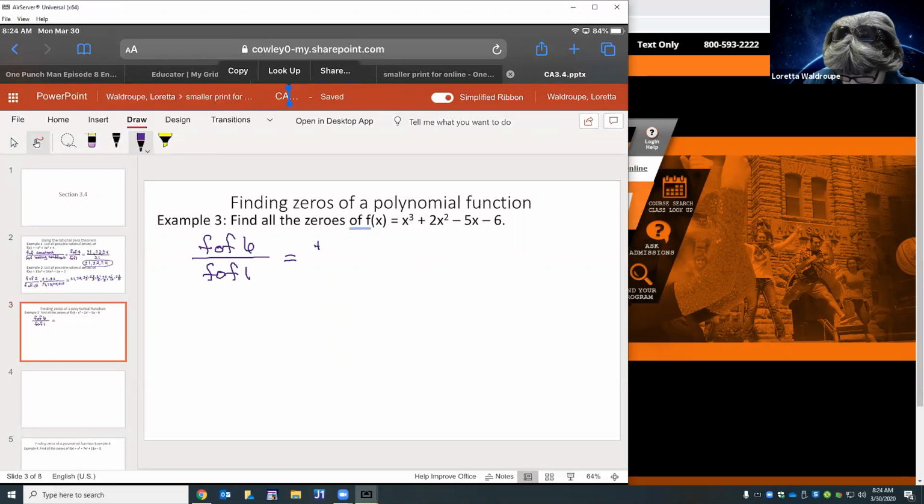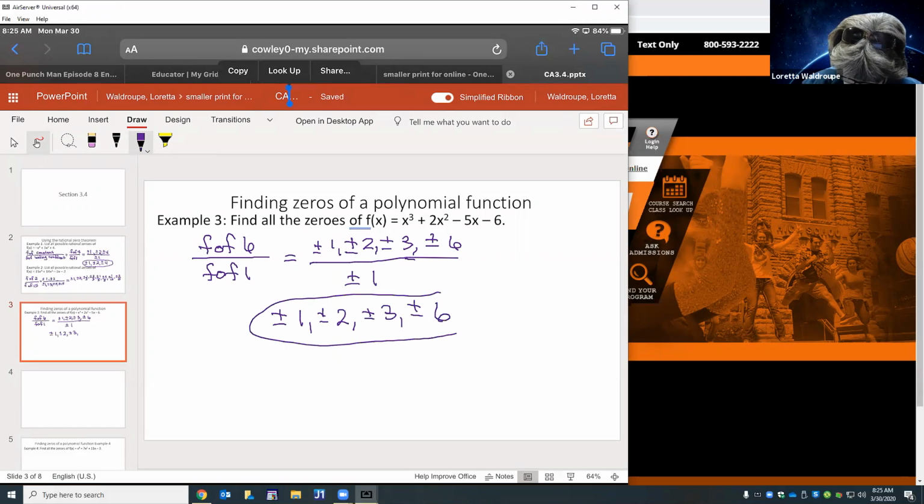Factors of 6: 1, 2, 3, and 6. Factors of 1: 1. So doing my division: 1, 2, 3, and 6 are my possible zeros.